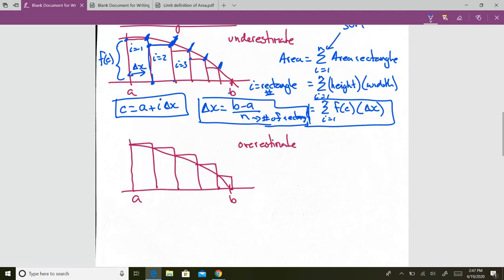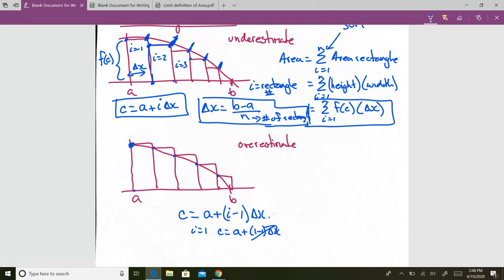Whereas in the overestimation, you can see it back here. So your c is going to be a plus i minus 1 delta x. That way, if you're in the first rectangle, so if i is equal to 1, c is equal to a plus 1 minus 1 delta x. 1 minus 1 is 0, so that goes away, so c is equal to a.